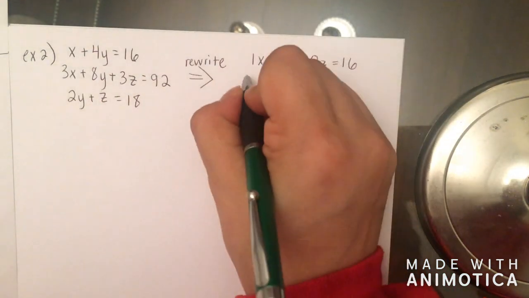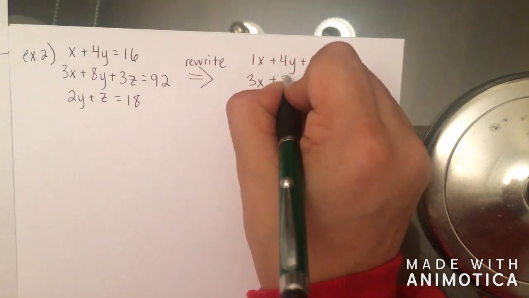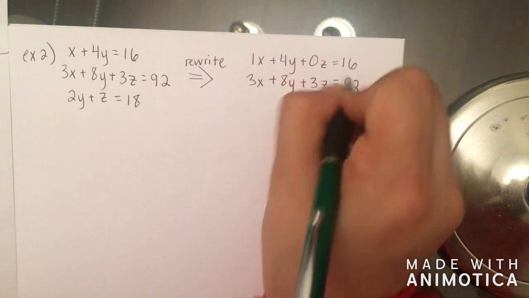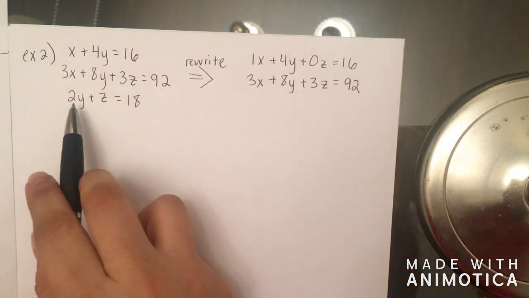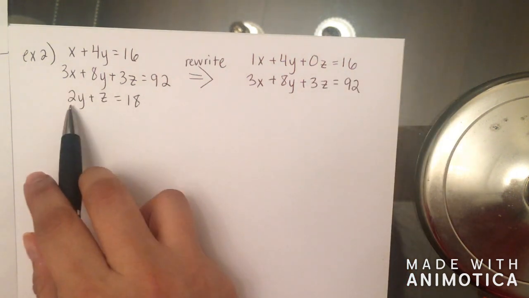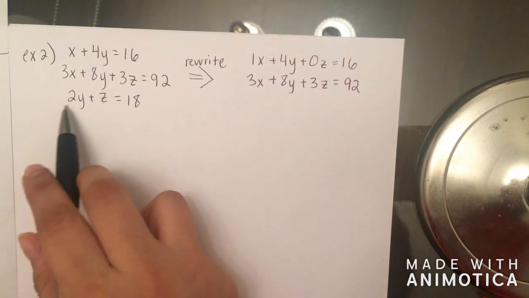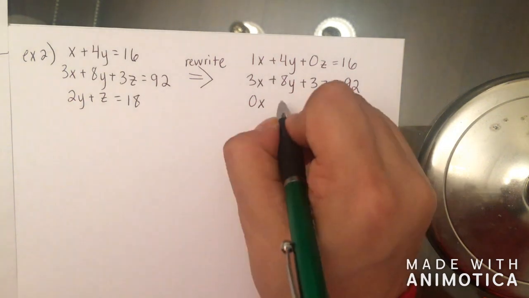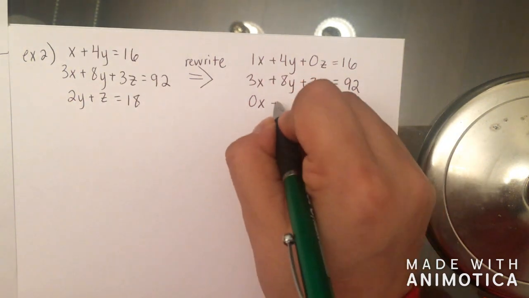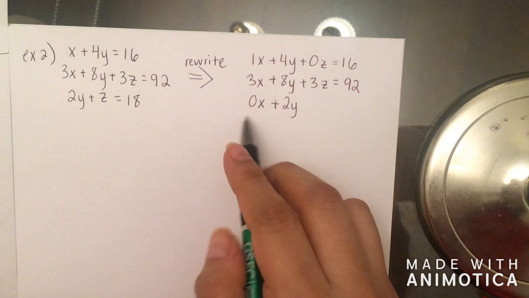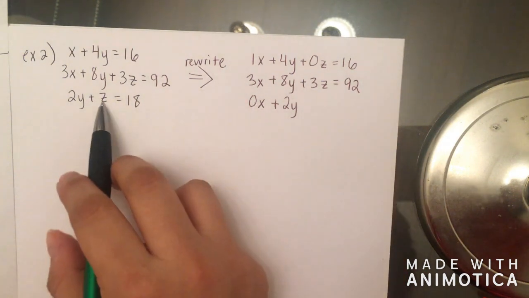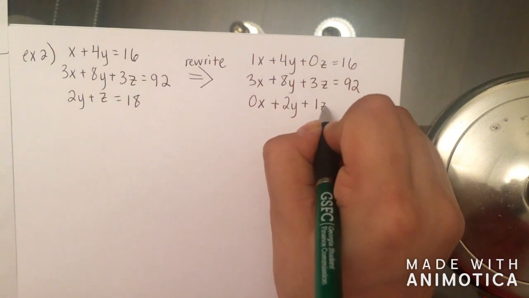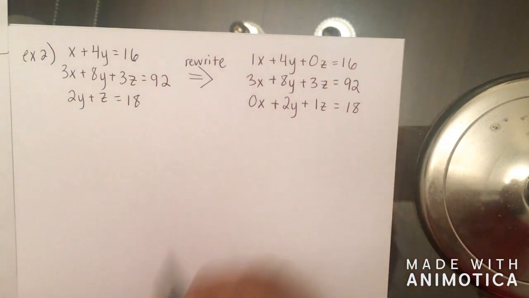And then this is 3x plus 8y plus 3z equals 92. So I have all three variables. So on the last one, what are we missing? We are missing the x's, so I'm going to put a 0 for the x, and then plus 2y, I'm putting them in order, x, y, and z, and then that's 1z equals 18.